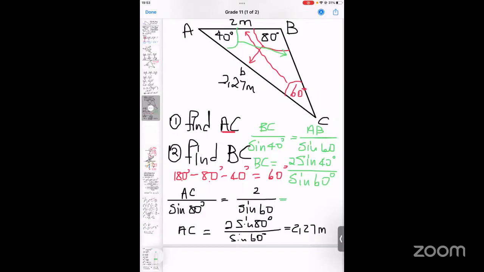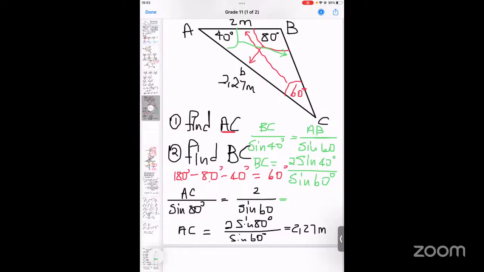So whatever you are looking for, make sure that it is the numerator. If it's the angle that you are looking for, make sure it is the numerator. So what is the value of BC, which equals 2 sine 40 degrees over sine 60 degrees?